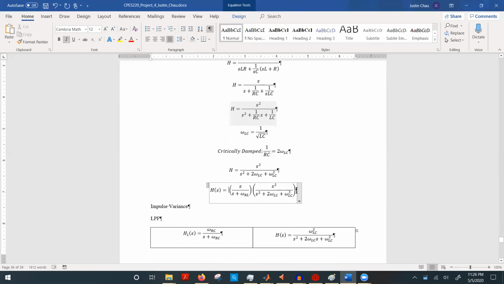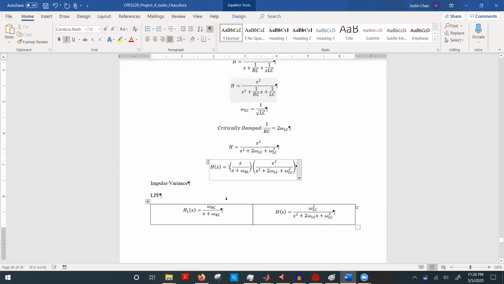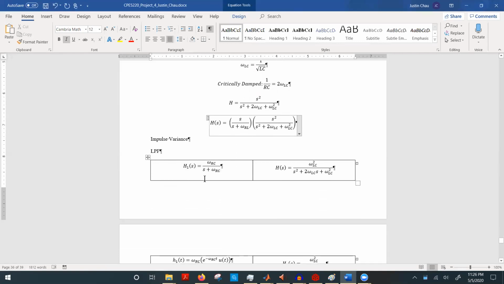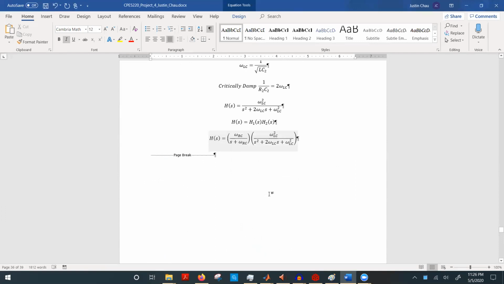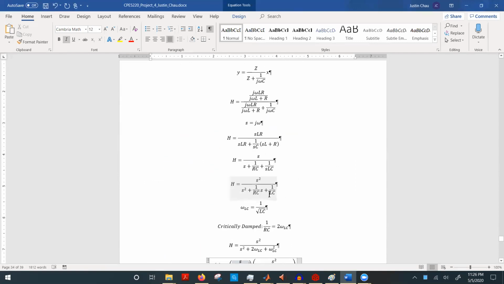All right, so now we were talking about why we wanted that critically damped, so we can have that repeating pole, which will make our life easier when we do the impulse invariance response. For the low pass filter, we broke it up into the RC and the RLC, and we're going to do the same thing over here.